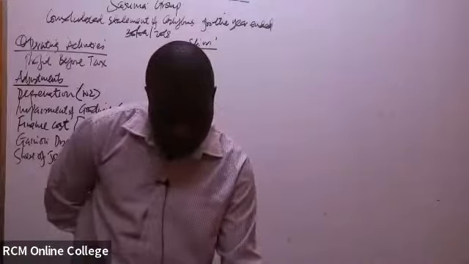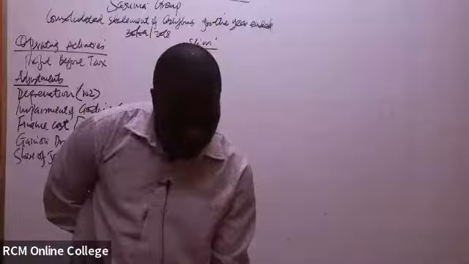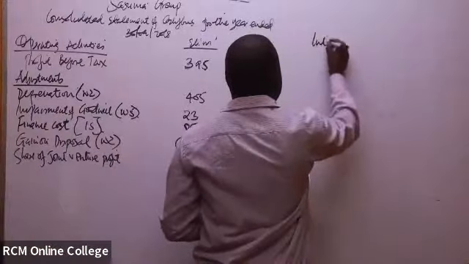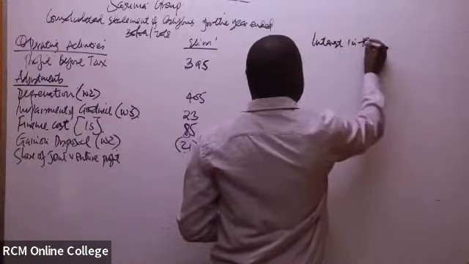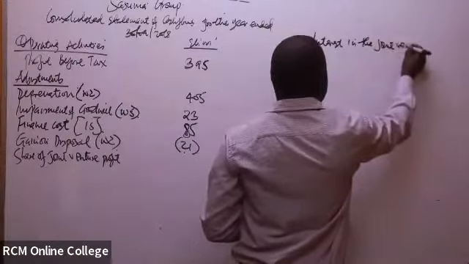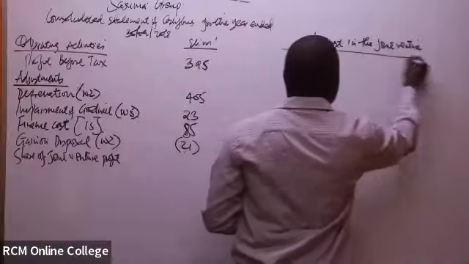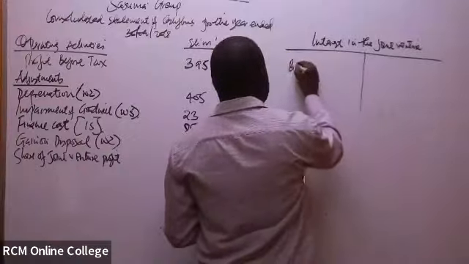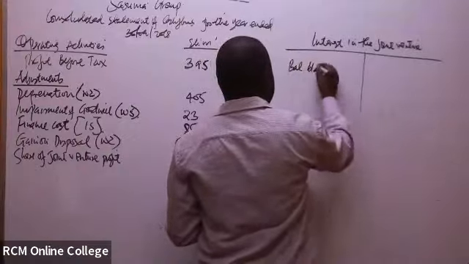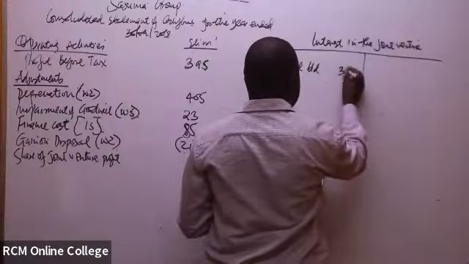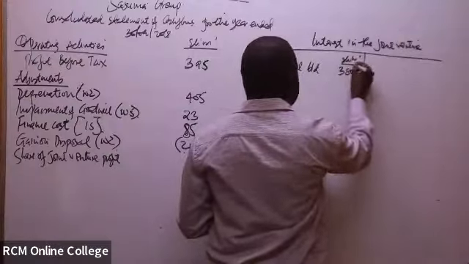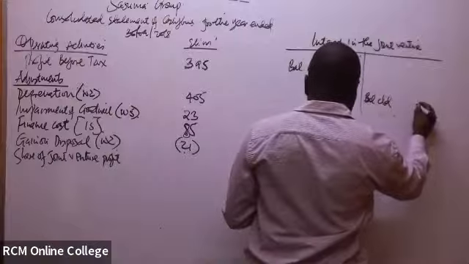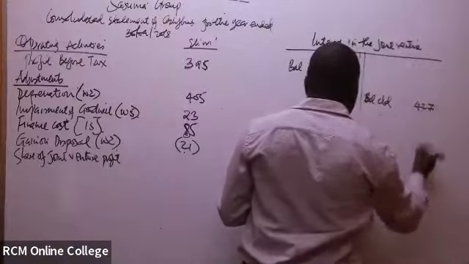I don't know whether we have done this interest in the joint venture account. The balance brought down of this joint venture investment is an amount of 380. Then the balance carried down at the end of the year is 427.